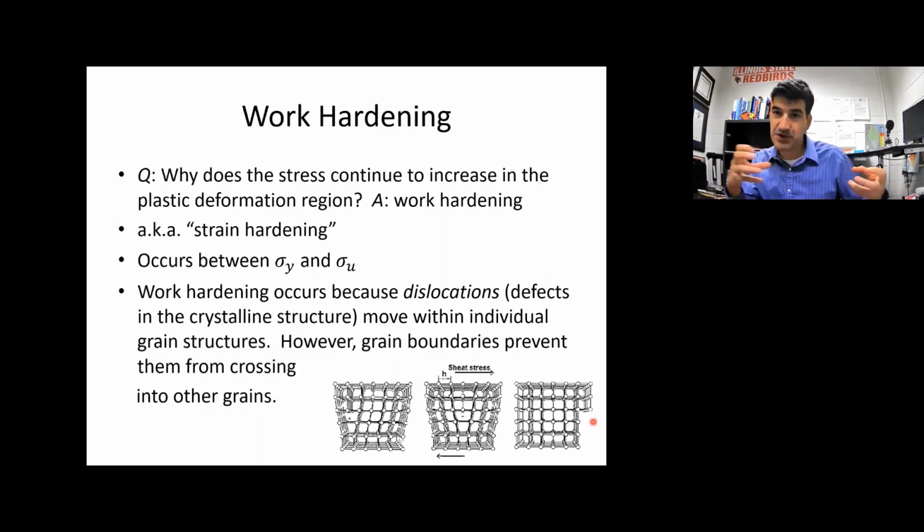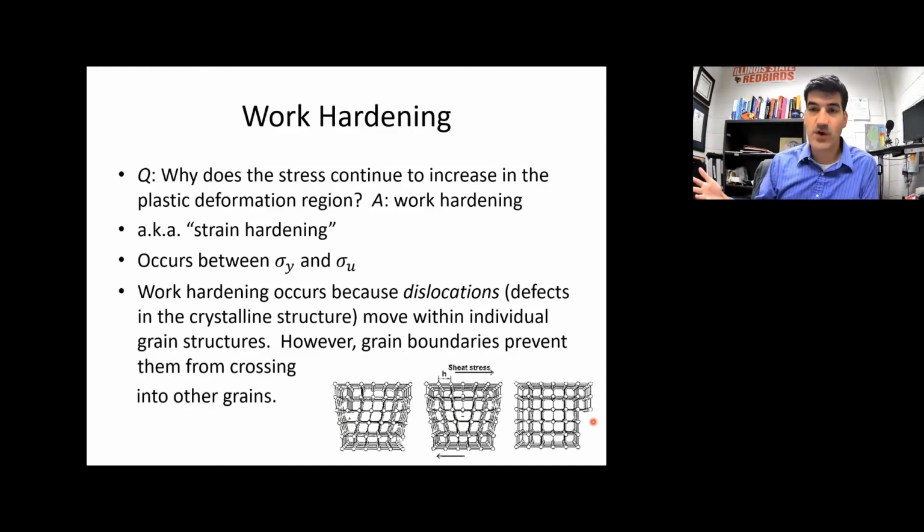So as I pull on this beyond the yield stress, I get plastic deformation, and the easiest defects to move to cause dislocations happen first. And then as I continue pulling on this specimen, I get more and more of those defects to move until you can't anymore. You don't have any more defects to move. And at that point, you're basically at the ultimate tensile strength.